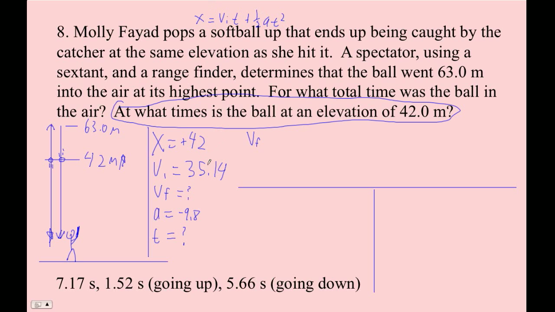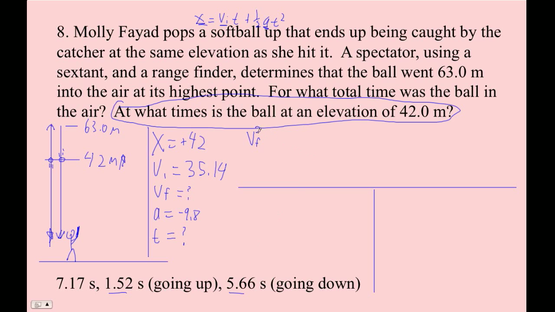You've got X, VI, and A. The only thing you don't have is T. It will be quadratic, and you'll get two positive roots, so you'd use negative b plus or minus the square root of b squared minus 4ac over 2a. I'm not sure I got that right. You would get the two values that way, but I'm going to show you how to do it without doing that.